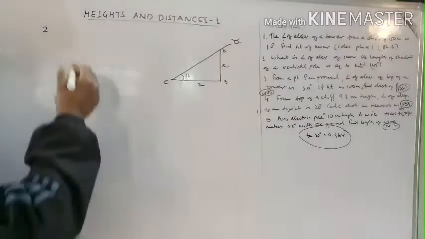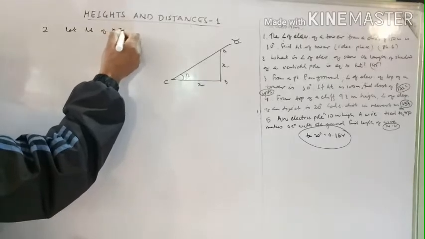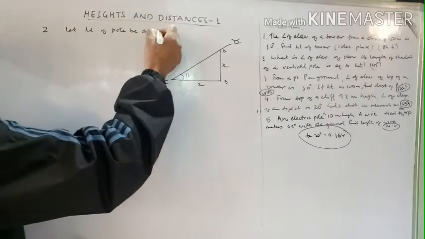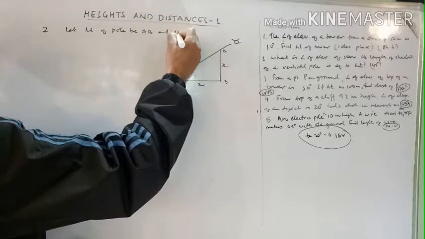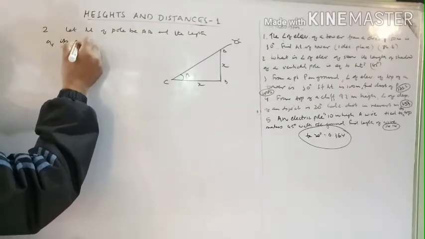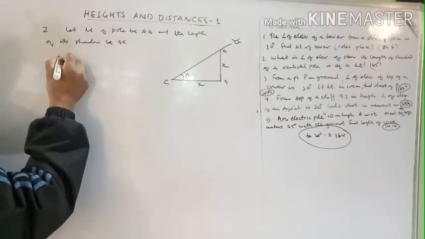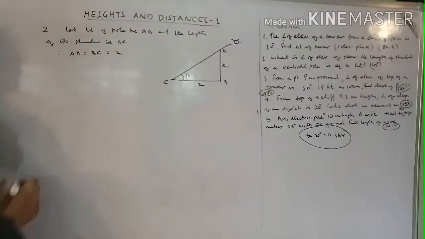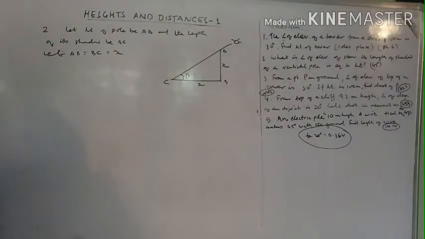Alright, so you write let the height of the pole be AB and the length of the shadow be BC. Therefore AB equal to BC equal to x, because height and length are equal.